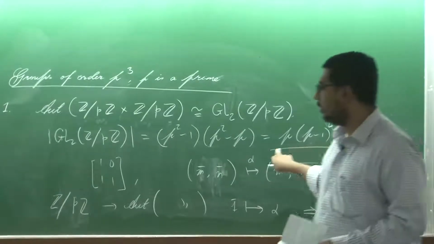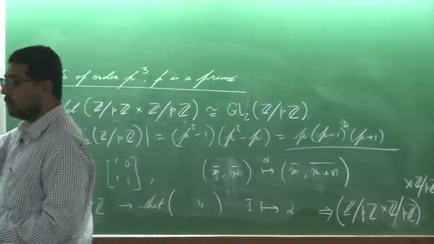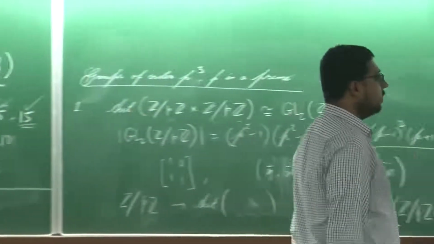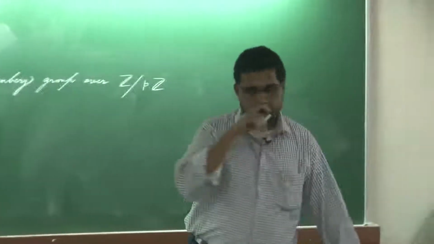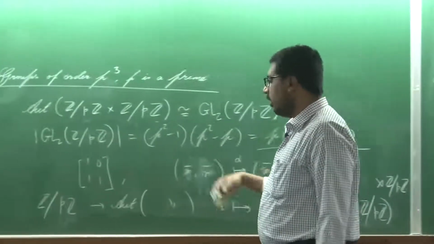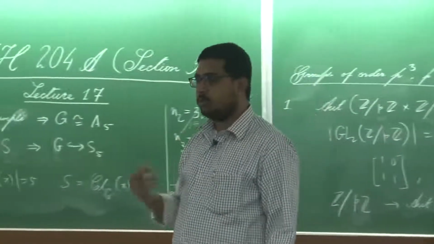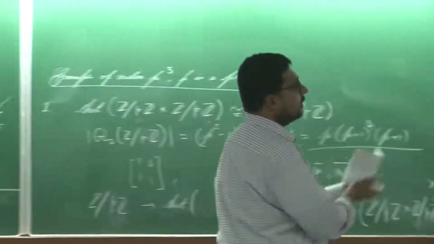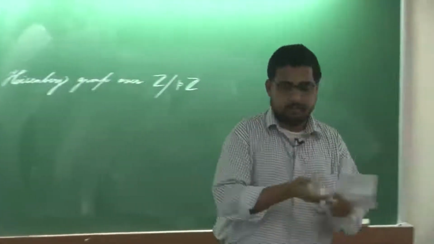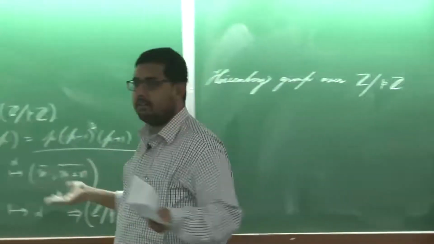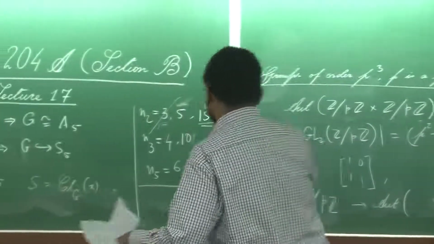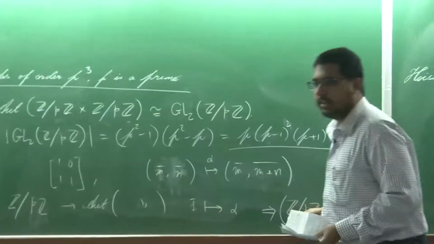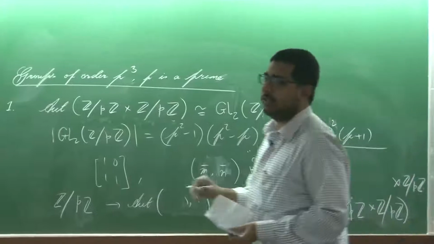So the highest power of P dividing the order of this automorphism group is P, hence the Sylow P subgroup of that automorphism group has order P. So whatever element of order P you choose, the subgroups generated by any two elements of order P are conjugate to each other. Hence by this isomorphism theorem we see that this construction up to isomorphism does not depend upon the choice of alpha.